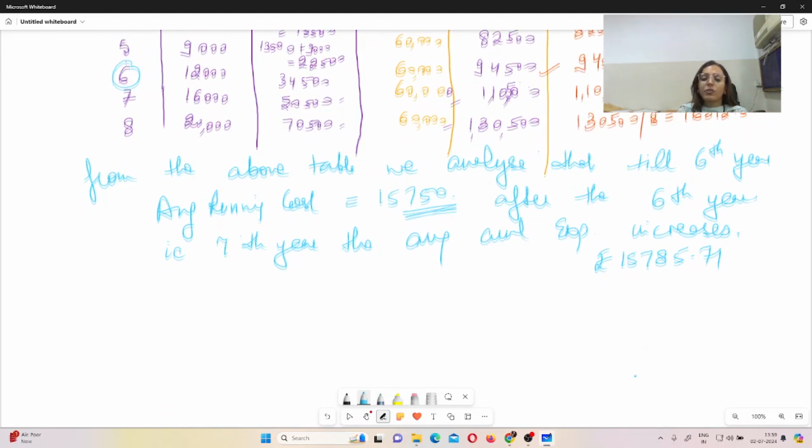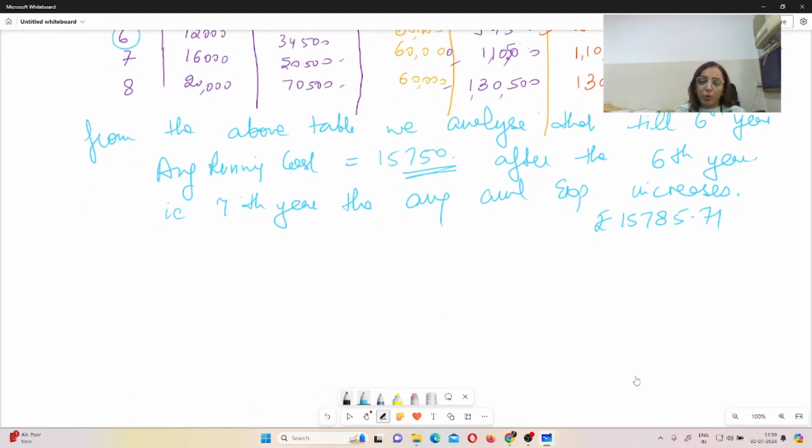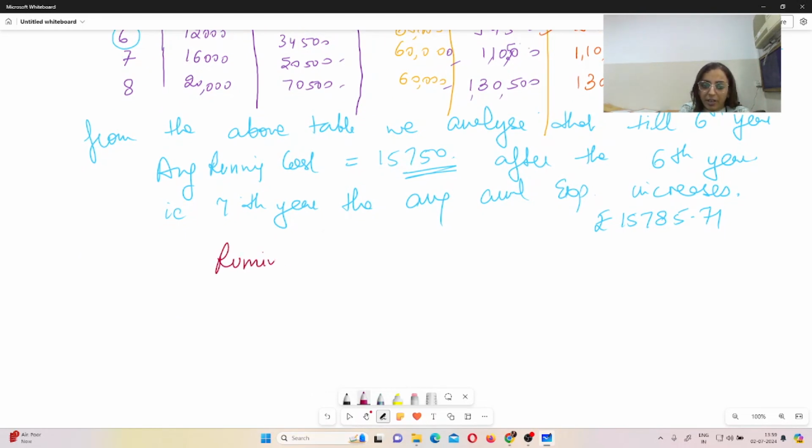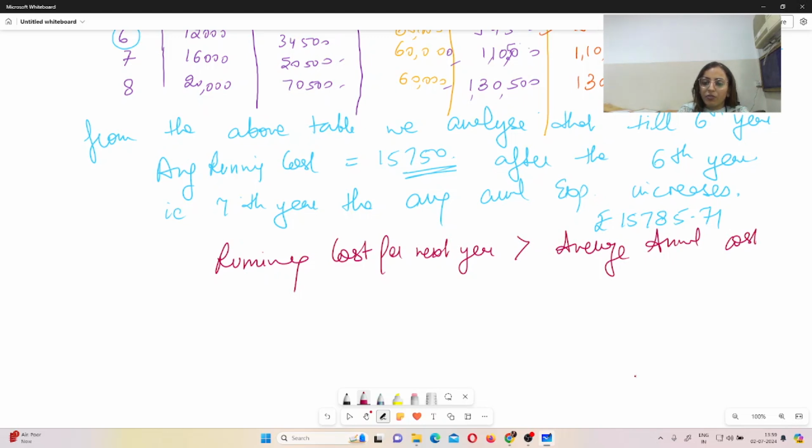We also use one formula to make it more understandable. Write it over here: the running cost for the next year, that is the seventh year, should be greater than the average annual cost for the selected year.